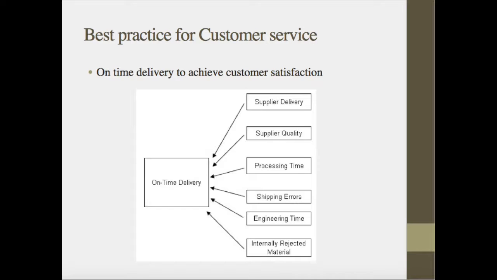On-time delivery is a very simple measure, but sometimes it is overlooked in many organizations. It is simply calculated as the number of units or shipments delivered on time versus total orders shipped.